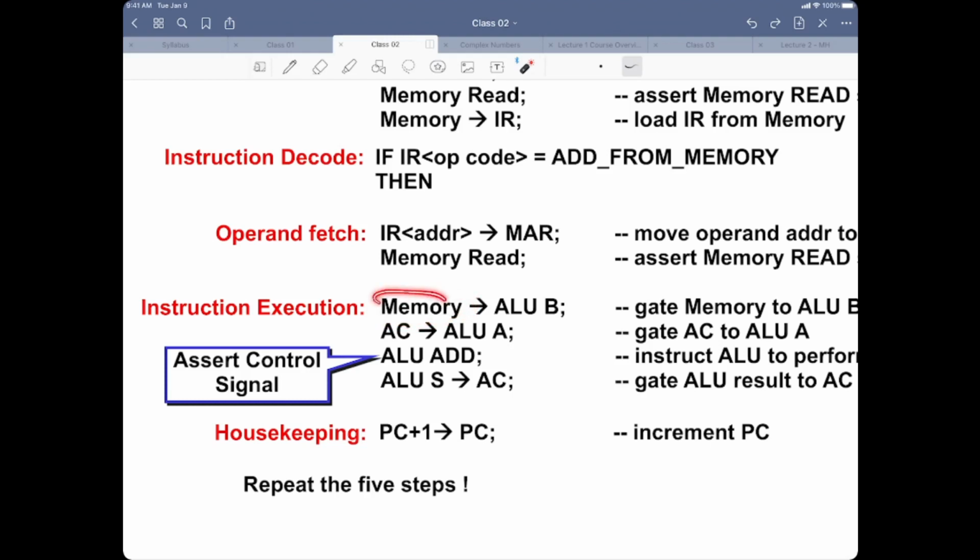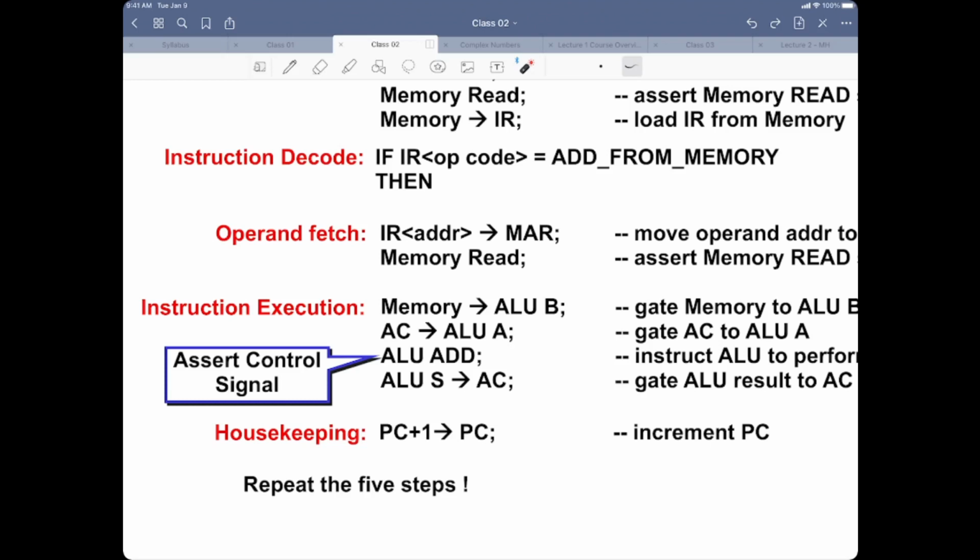But the second number, which is in memory, I'm going to need to bring into ALU B, the second input for the ALU. Accumulator is transferred into ALU A. Both numbers are ready. Do the addition. And then the result is available on S, and that goes into the accumulator. This may be different for the instruction that you carry out.